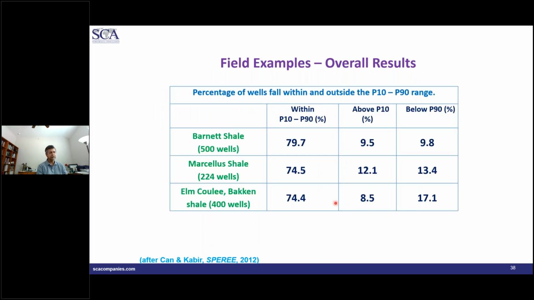So here's the summary. We found that for the most part, for all these wells, 75% of the time it fell within that domain. And the percentage of wells that are above P10 and below P90 are about 10–15%.